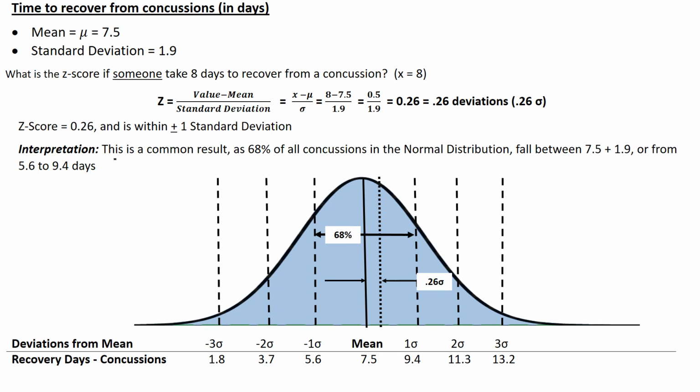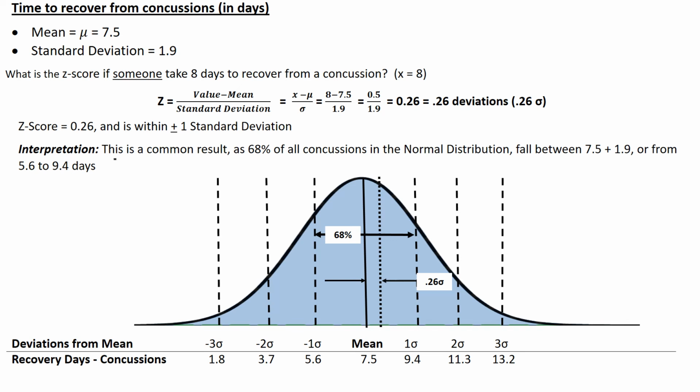And then 3 deviations, 7.5 plus 1.9 plus 1.9 plus 1.9. I go the same direction towards the left. -1 deviation, 7.5 minus 1.9, which is 5.6. 7.5 minus 1.9 minus 1.9 is 3.7, or minus 2 deviations. And then 7.5 minus 1.9 minus 1.9 minus 1.9, minus 3 deviations, 1.8.